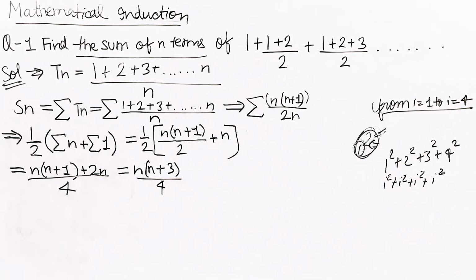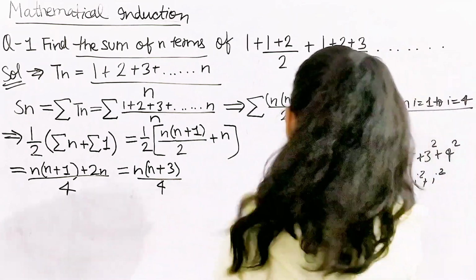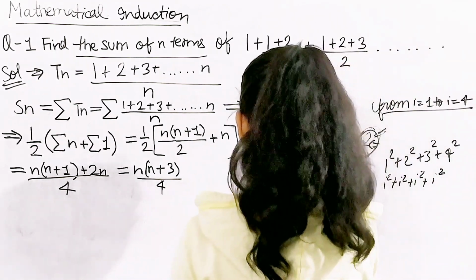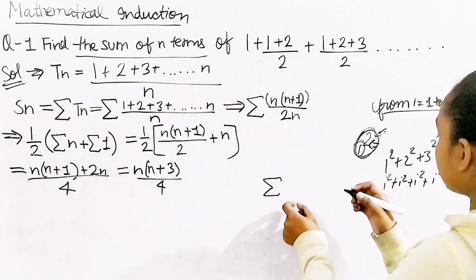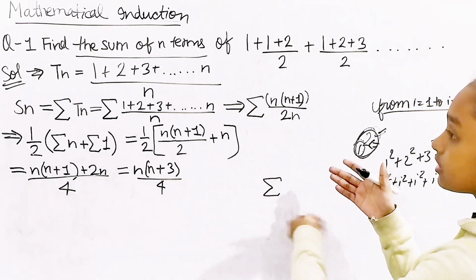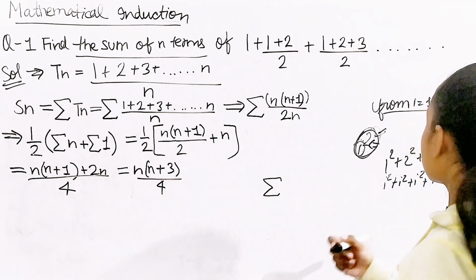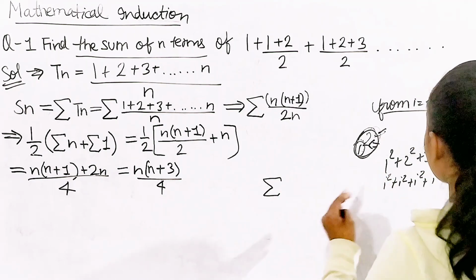So how are we going to write this in short summation notation? It's really easy. I'm going to use the sigma symbol. What do we have to find?